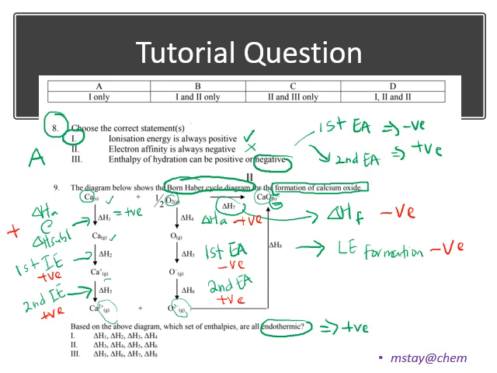Enthalpy of sublimation and enthalpy of atomization are also positive. So delta H1 positive, delta H2 positive, delta H3 positive, delta H4 positive, 5 is negative, 6 is positive, 7 negative, 8 negative.